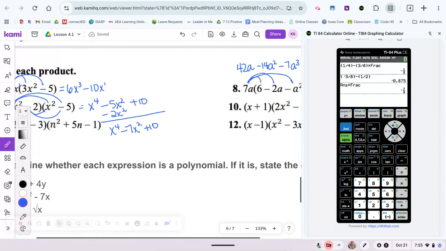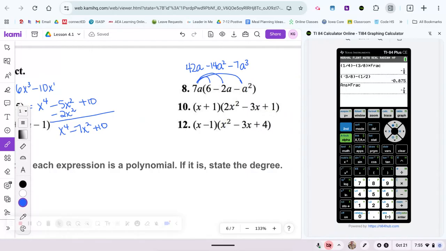And then numbers 10, 11, and 12 are all a binomial times a trinomial. So I'll just do one of them because they take kind of a bit of time, and this video is already getting kind of long. So I'll start here with x times x squared would be x to the 3rd. X times negative 3x would be negative 3x squared. X times 4 would be 4x.